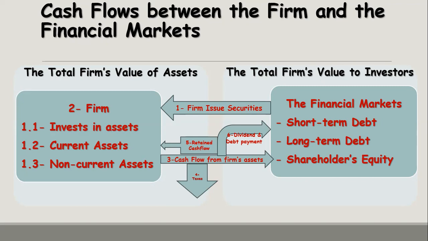Thereafter, on one side, they meet their financial obligations against the short-term and long-term debt and pay dividends to the shareholders. So it's a brief relation between the firm and the financial market cash flow.